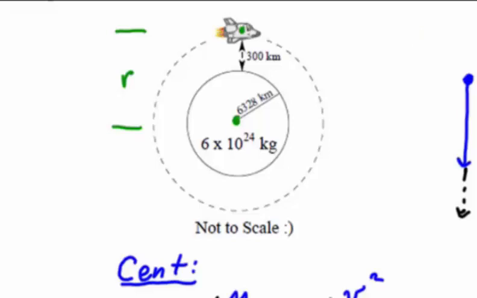Similarly, when we ask what radius goes into the v squared divided by r formula, that radius is the radius of the circle around which the object is moving, and that radius is also equal to the sum of the radius of the Earth plus the altitude of the space shuttle.